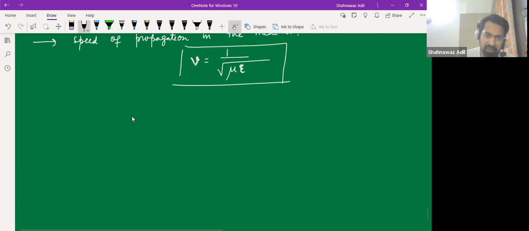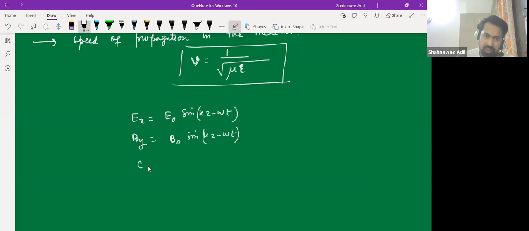We have an electromagnetic wave propagating in a medium. This is E naught sine kz minus omega t, and we have B naught sine kz minus omega t, and they are moving, let's say in vacuum, with this speed, right? And we can also write k as 2 pi by lambda.